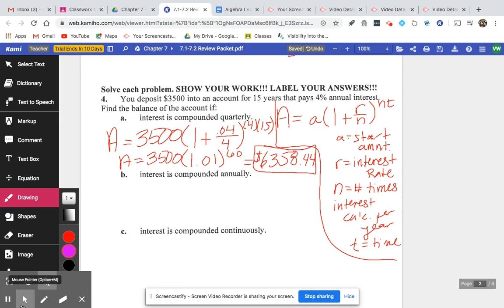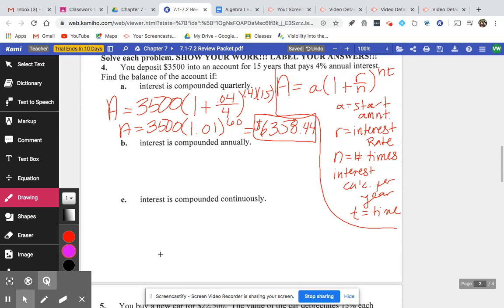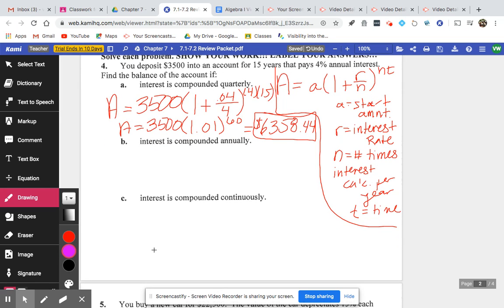I think I'm going to use a different color this time. I would like to pick purple. This time interest is compounded annually, so my n will be 1. Everything else stays pretty much the same.